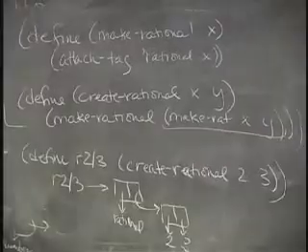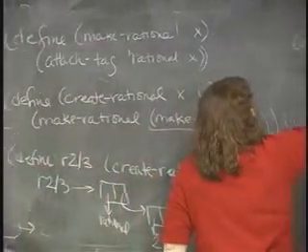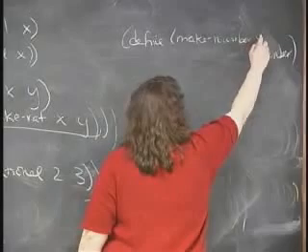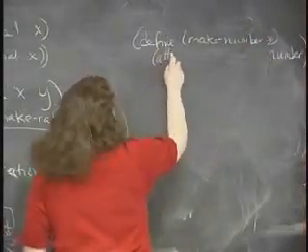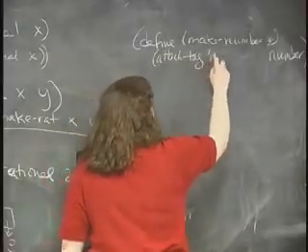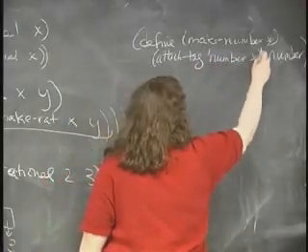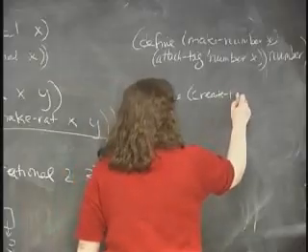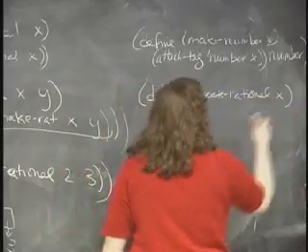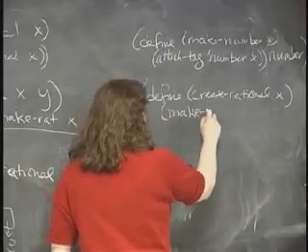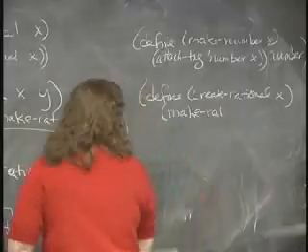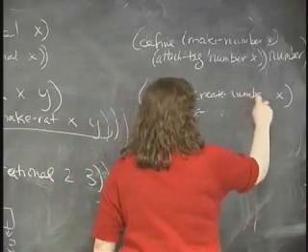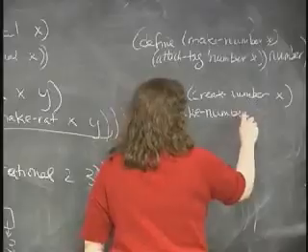So when we had create number or make number, we define make number of x to be the attached tag number x, and then we would define create number, rather, as a call to make number on x.